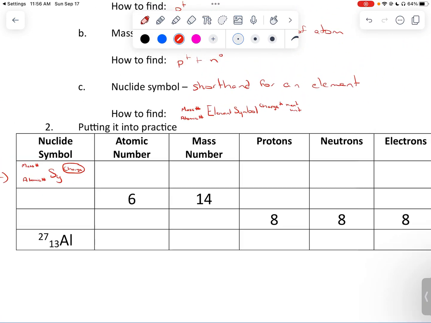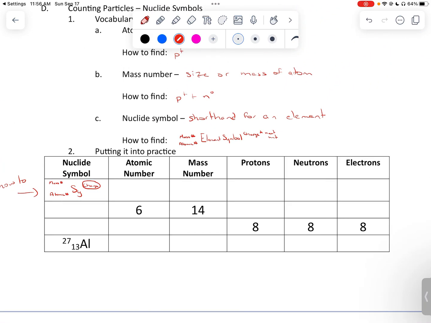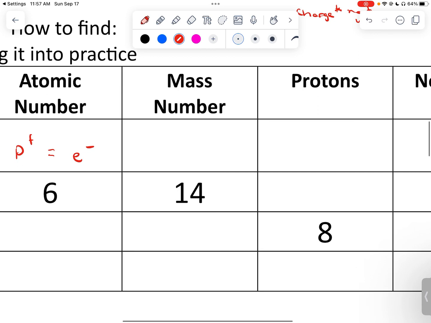Okay, if we look at atomic number, we said how to find it is it's equal to the protons. And for right now, it's going to also be equal to the electrons because positive charges should equal the negative charges in an atom until we start bonding, and then we'll get to that, like I said, next unit. All right, mass number, remember, is our protons plus our neutrons. So we find mass number by taking protons plus neutrons.